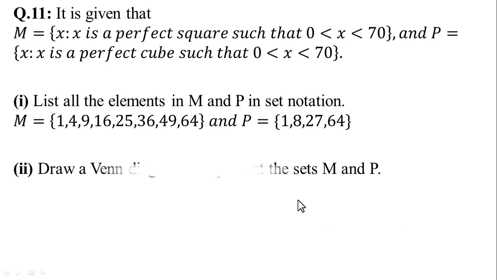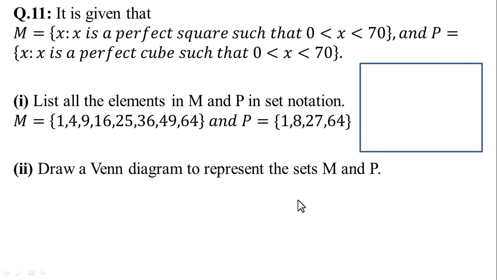In the second part, draw the Venn diagram to represent M and P. The universal set shows the Venn diagram with the first set and second set. Only 64 is an element in both sets.